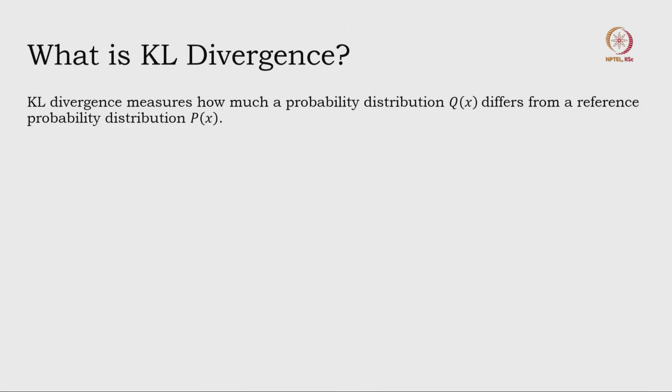In this, P of x is considered as the reference probability distribution. Therefore, KL divergence measures how one probability distribution Q of x differs from a reference probability distribution P of x. I hope the definition is clear to all of you.